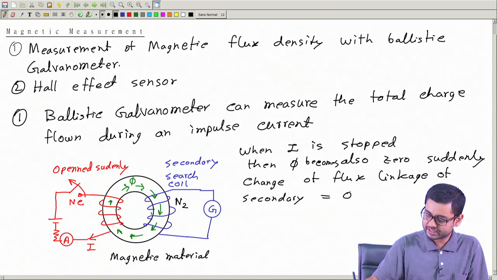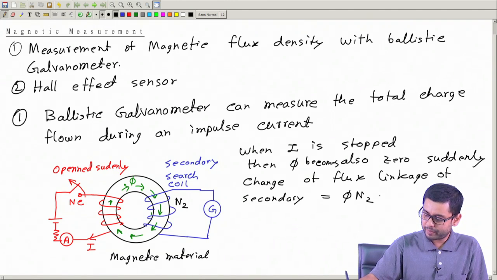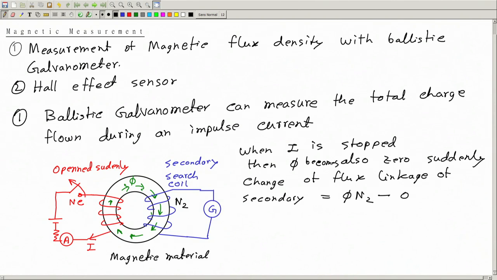Initial flux linkage is phi times N2, minus 0, because final flux is 0. So, this is phi N2, and this we can write as B A N2.